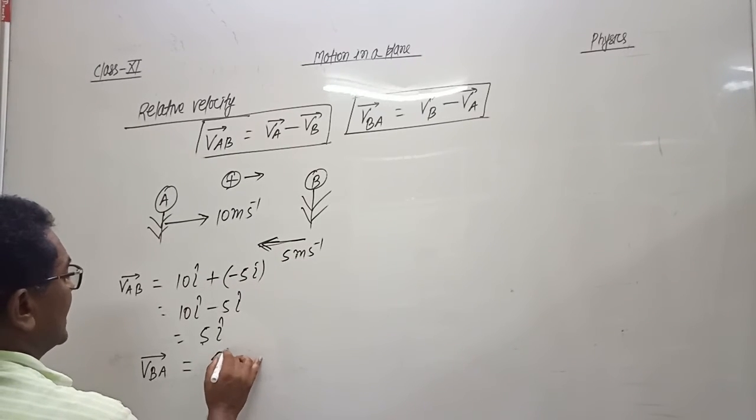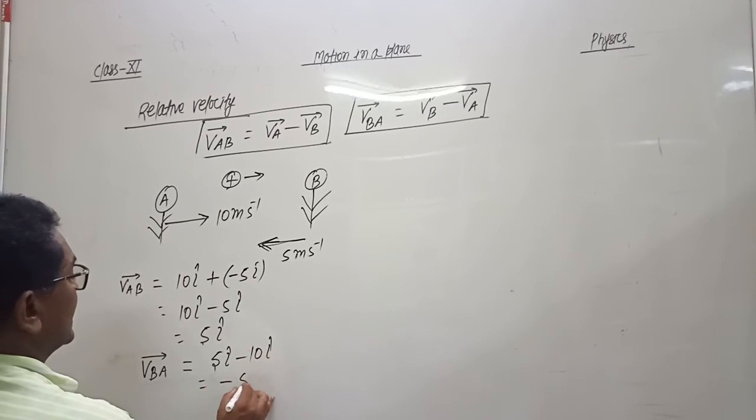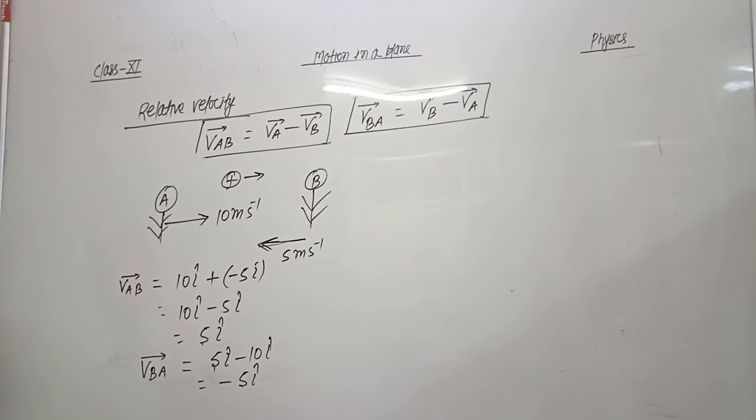So minus 5 i cap minus 10 i cap gives minus 15 i cap. This is the relative velocity of B with respect to A. So this is about relative velocity.